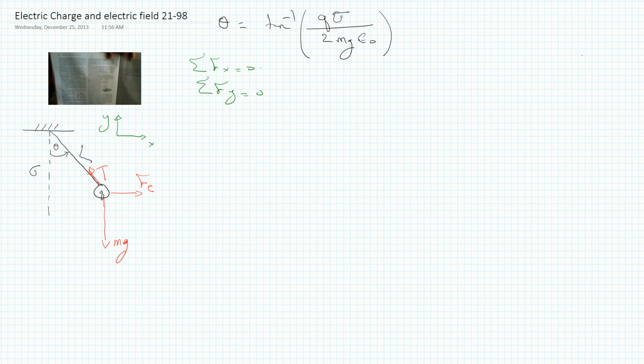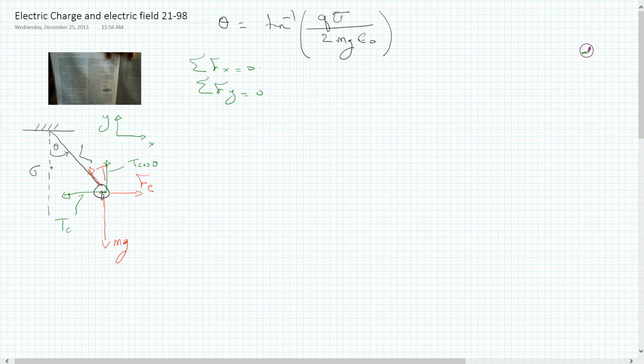So of course the tension in the cable can be resolved into two components: T cosine theta and T sine theta.